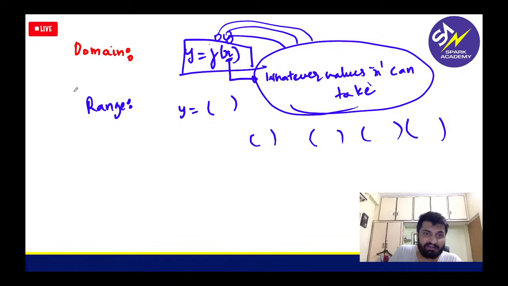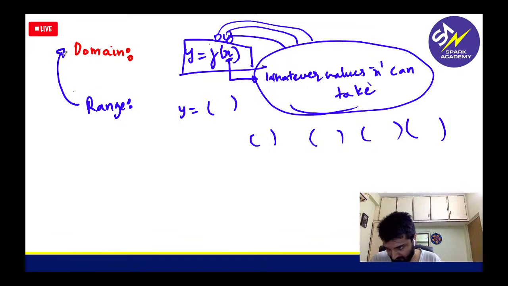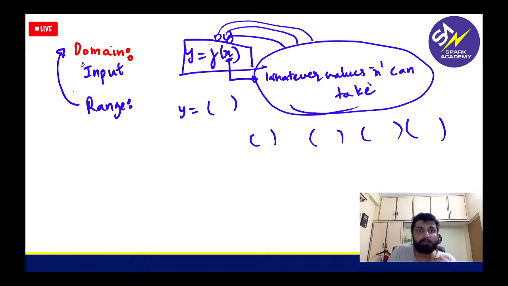So to find out range, obviously you need to find out the domain first. I'm repeating once again. Domain is what? For any function, whatever values x can take, right? Whatever is the input, or basically domain is called the input. Input is what? We are giving x values. Range is what? The output.